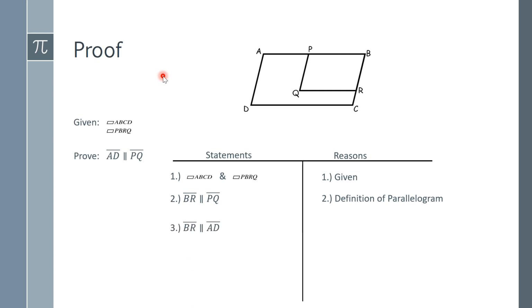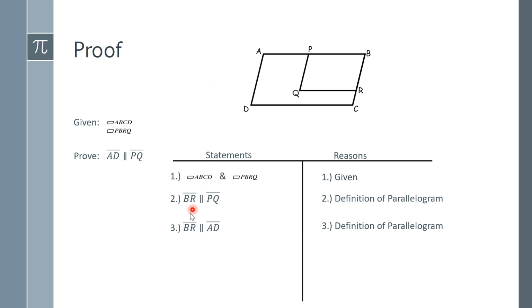And while BC would be the actual side of the big parallelogram, I can actually use BR because these 3 points are collinear. So I can say that BR is parallel to AD. And again, that's the definition of a parallelogram.